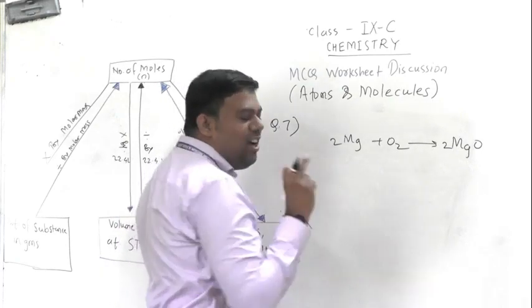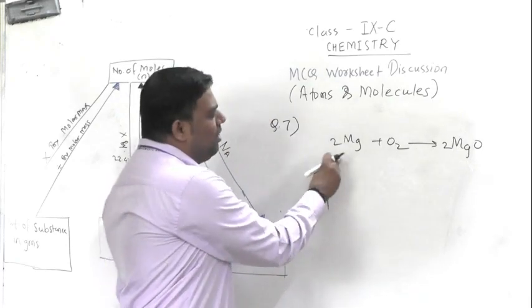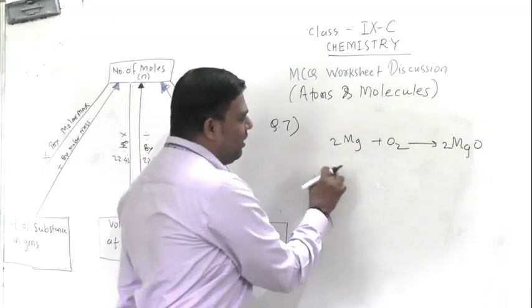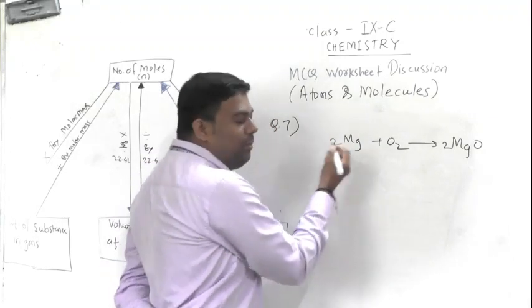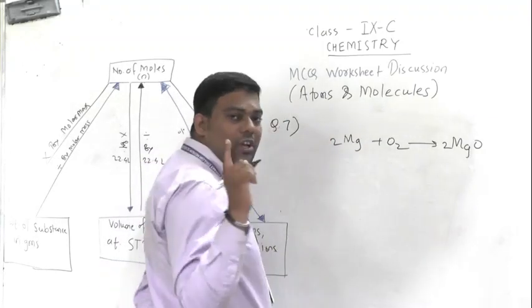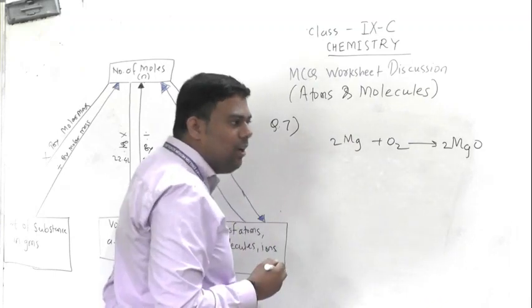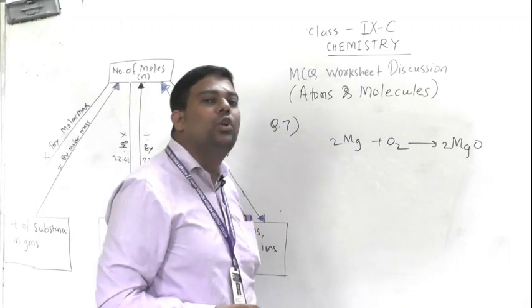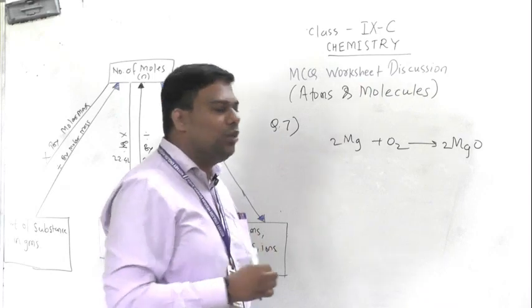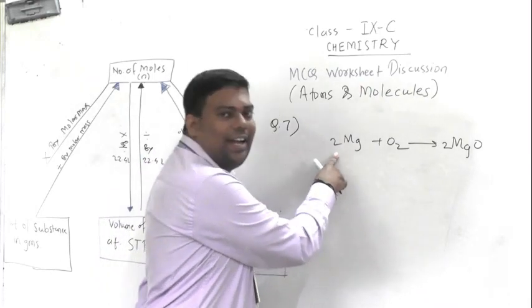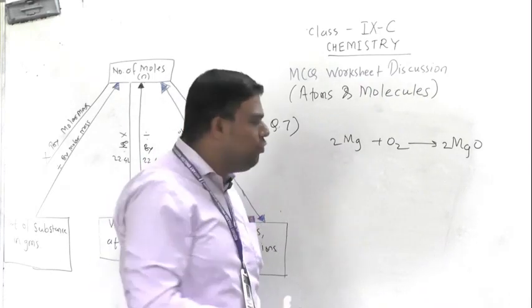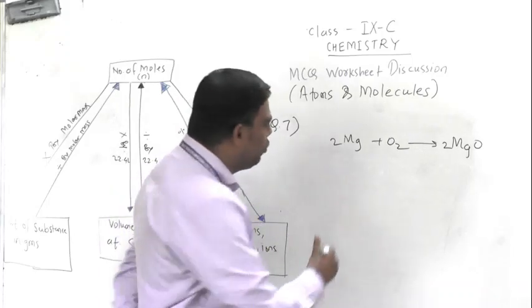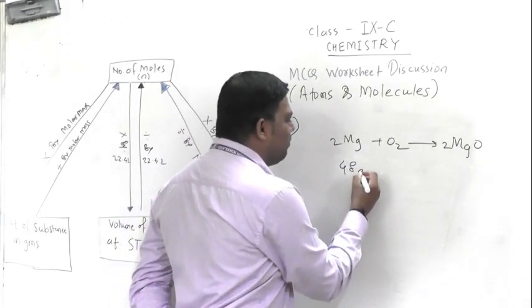First you have to calculate the molar mass. So see, 2 Mg. Each Mg has atomic number 12, mass number 24. Here 2 Mg are there, so whatever stoichiometric coefficient, that whole number we have to multiply. So here 48 gram.